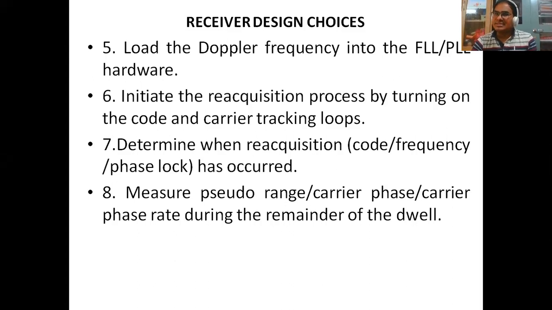Once the locking is done, then we can easily measure the range or carrier phase rate during the remainder time. So these are called the pseudo range measurements, pseudo carrier phase measurements, or pseudo carrier phase rate measurements.